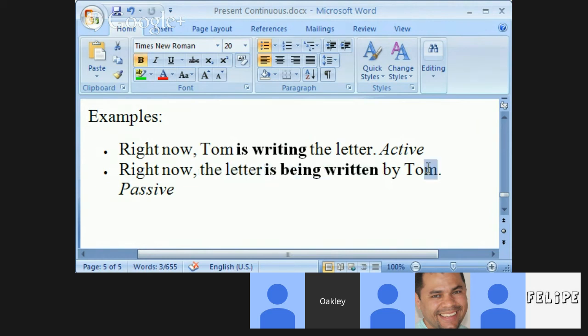If I want to express who does the action, it's very common to use a prepositional phrase with by Tom. Prepositional phrases, in the morning. It may be important when or where, in the bathroom.